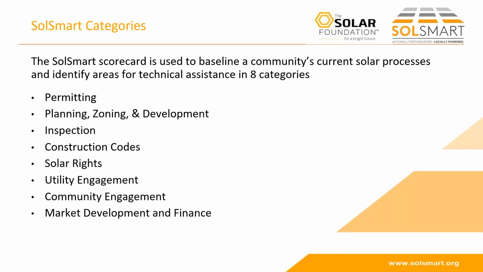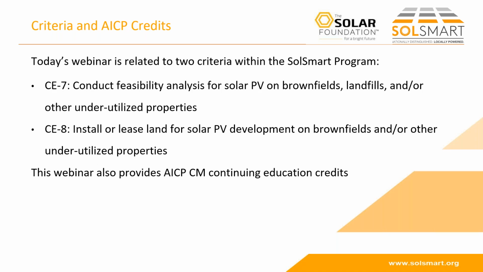We have different categories within our organization in order to evaluate a community's solar processes and areas of technical assistance. These, as you can see on the screen, are permitting, planning and zoning and development, inspection, construction codes, solar rights, utility engagement, community engagement, and market development and finance.